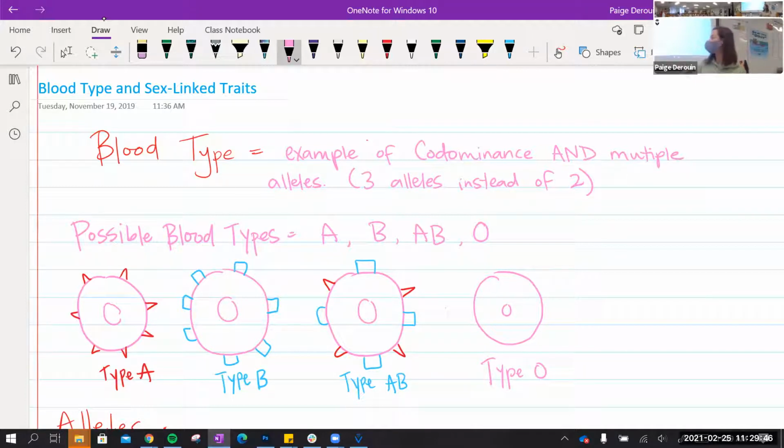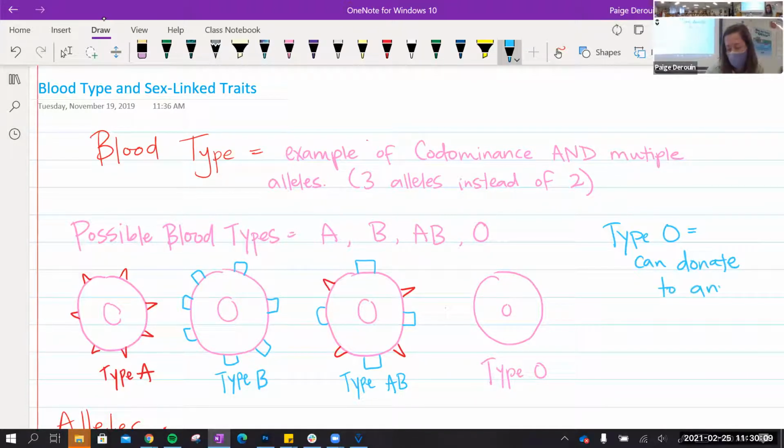People who are AB positive can get blood from anyone because they have all the possible proteins. So their immune system is like, yay, no problems with this. Okay, I'm just going to make a note of that. So I'm going to say type O can donate to anyone.